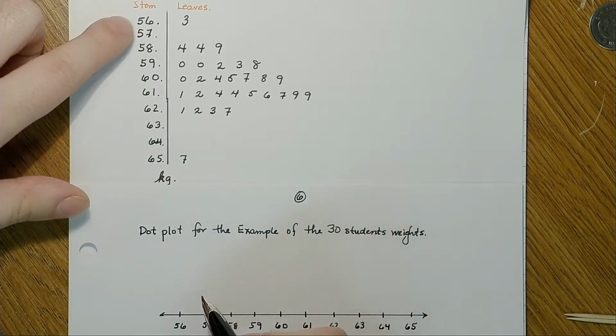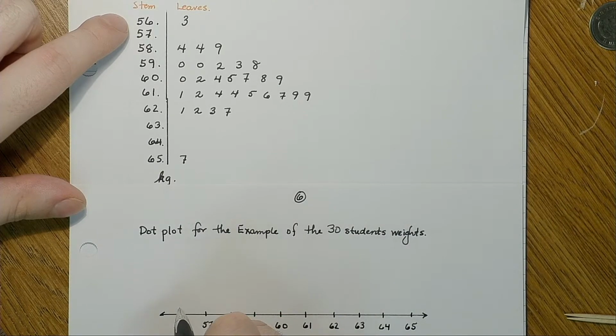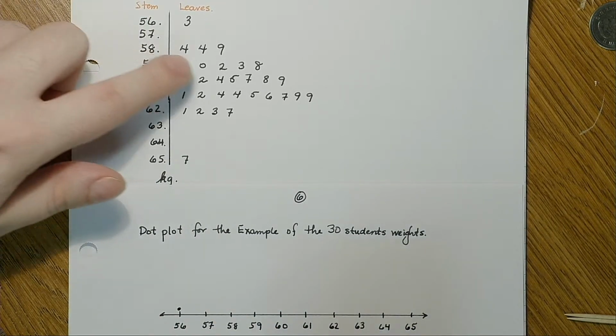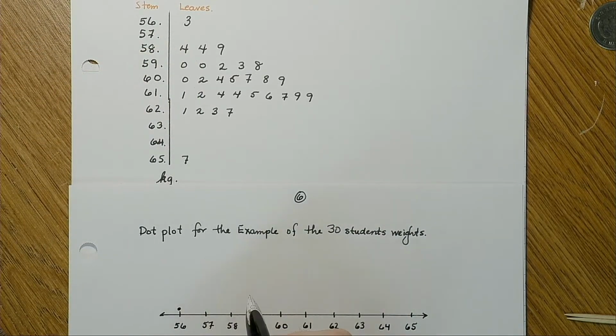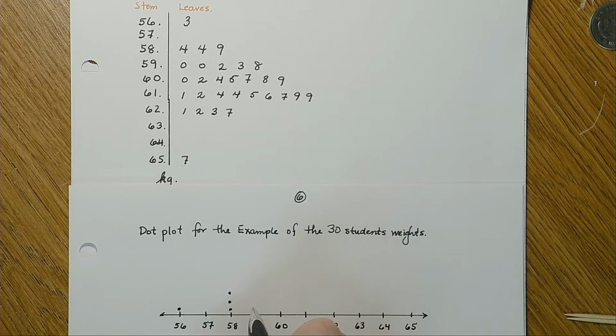And so what we would do is we just look at the number of times that it shows up. There's once where we have 56, we have 358s, 1, 2, 3. There's 5 59s, 1, 2, 3, 4, 5.